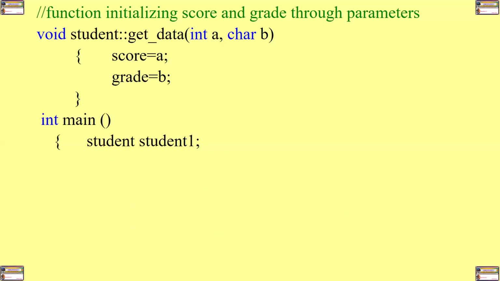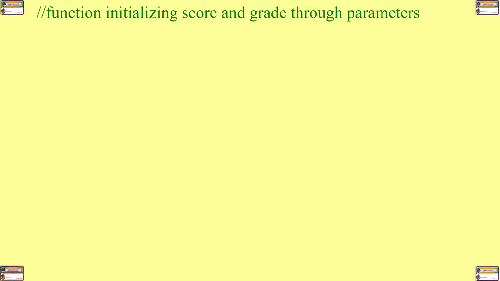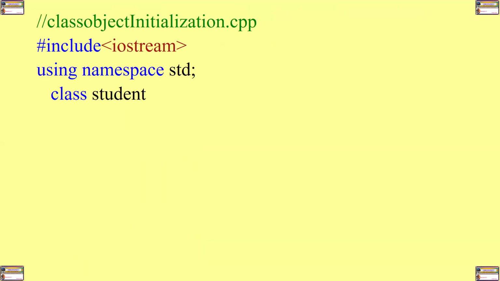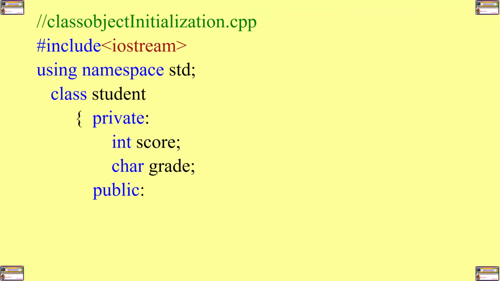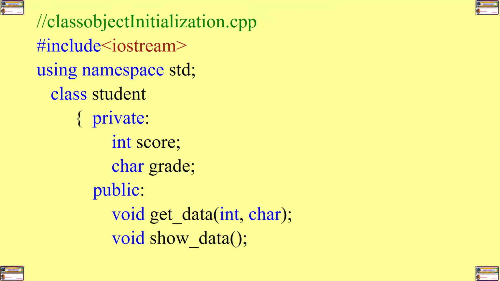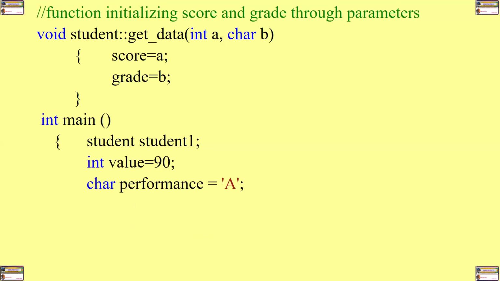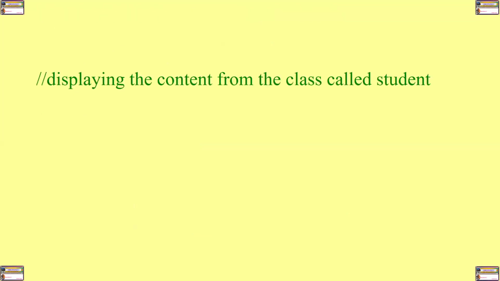It knows student1 is an object for the class called student. So it will go to the class called student. Here is the class called student. Then look for the member called showData. Here it is. It's not expected to return any value, neither is it receiving any value. But it's a member of the class called student. So it will then go to where that function is, because that's a prototype.